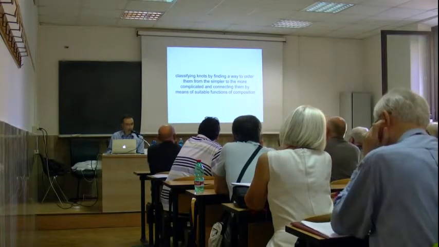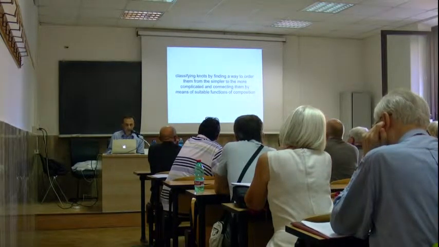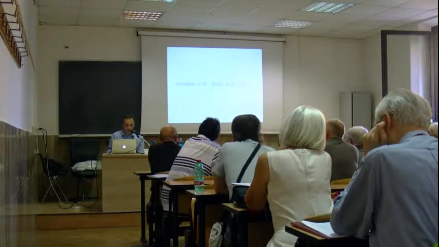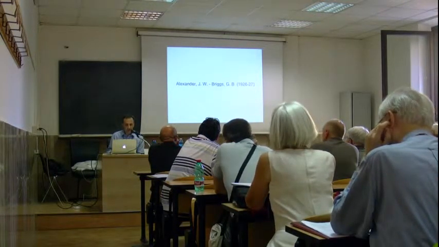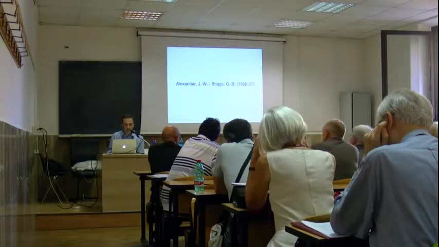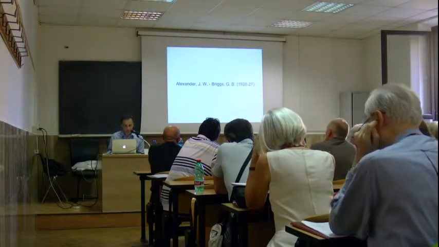Why is it important? Because if you succeed in doing this, you can factorize the knots. And this possibility of factorization was explored by Alexander and Briggs in a paper published in 1927.